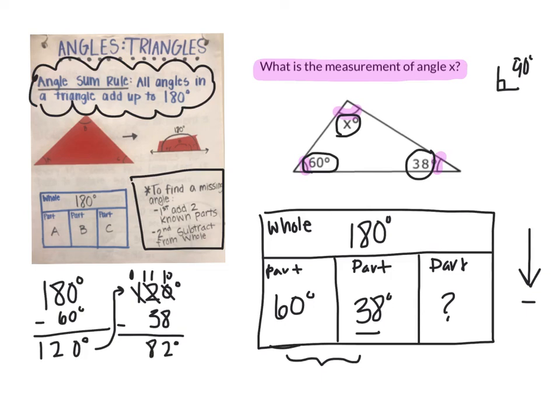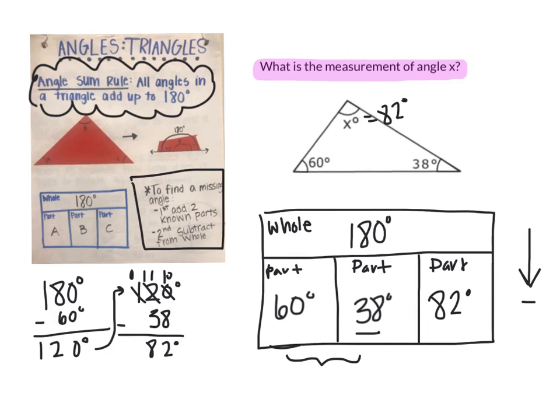So we're left with 82 degrees. That's going to be our missing part. So we can fill in our chart. 82 degrees. So we can fill in over here in our picture, X is equal to 82 degrees.